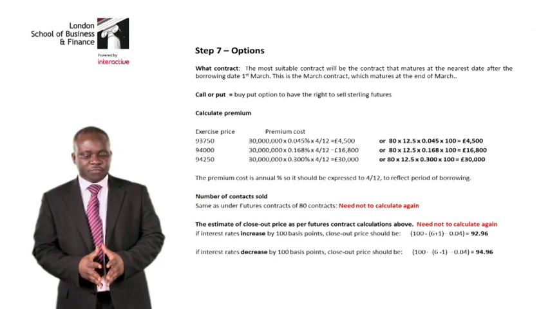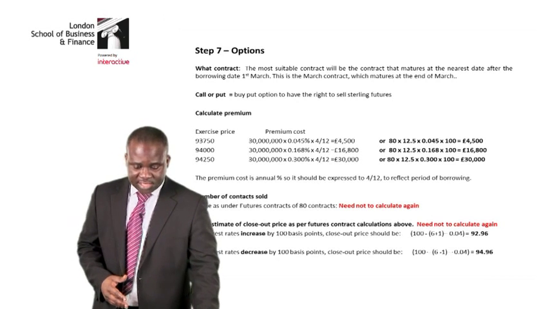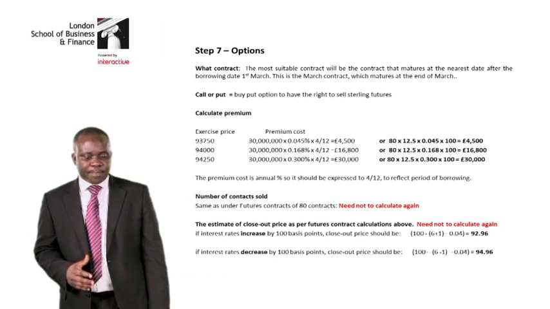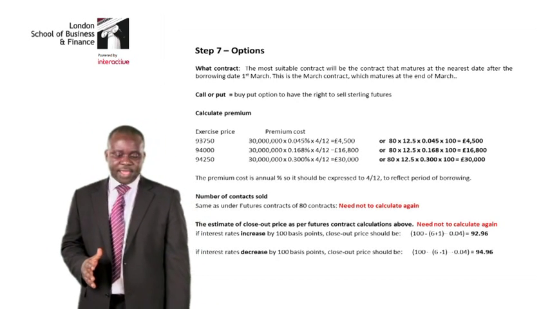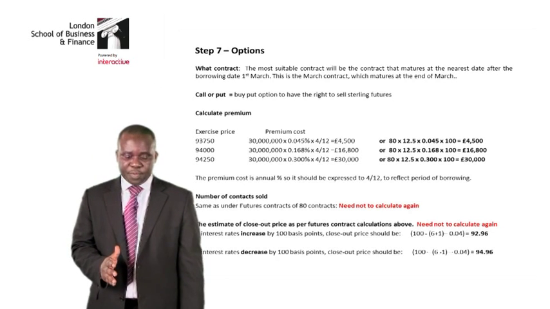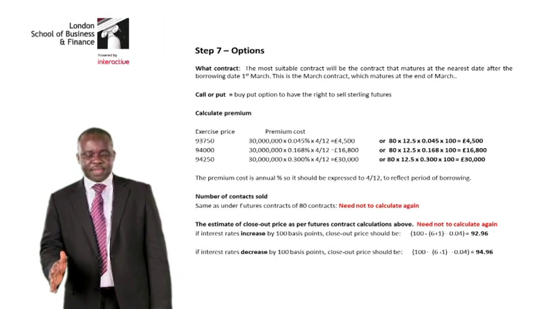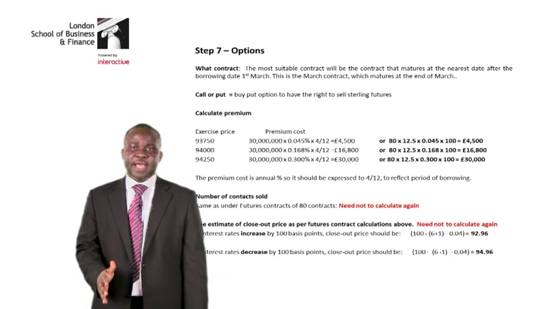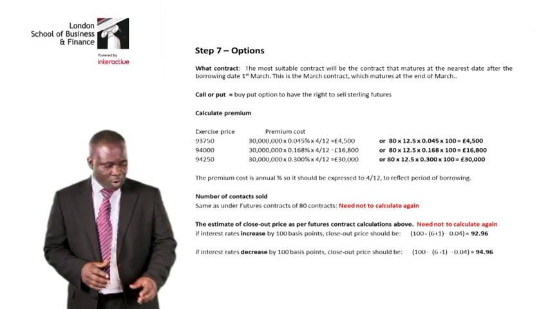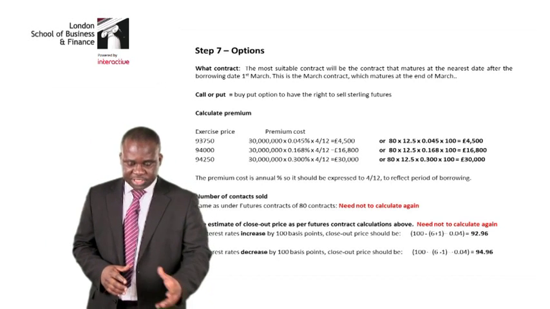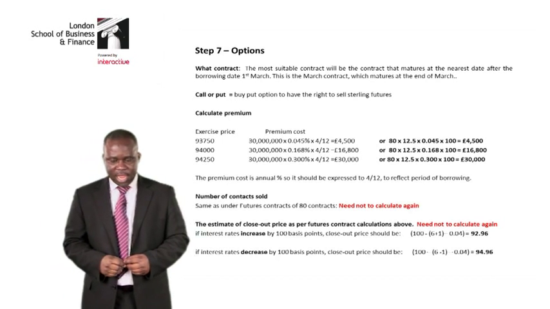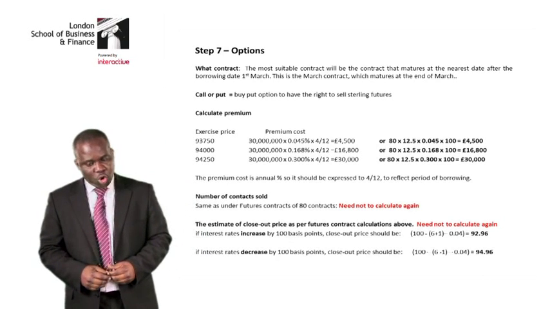So for each of those option exercise prices, the total amount of the premiums we would have to pay will be the amount to be borrowed multiplied by the premium multiplied by the period for which you are borrowing, which in this case is only 4 months.